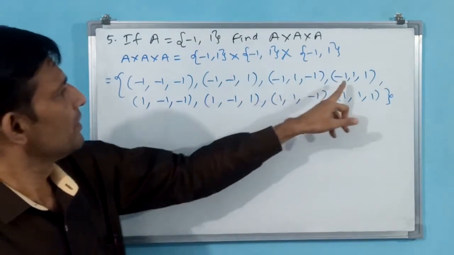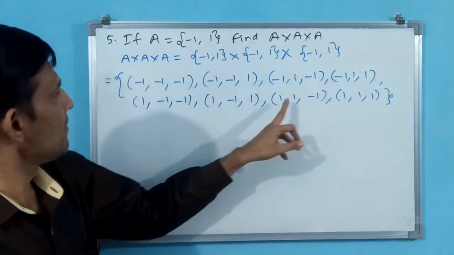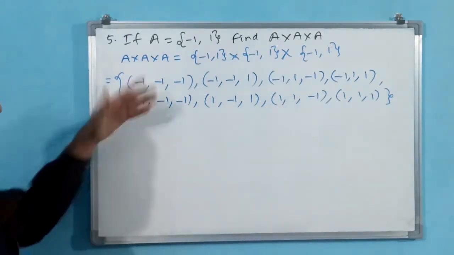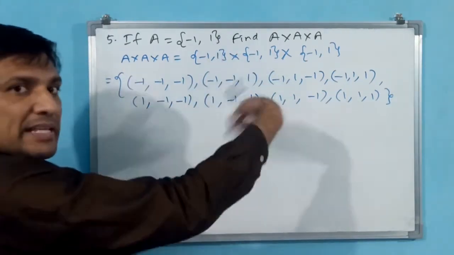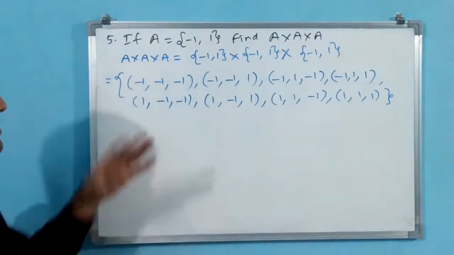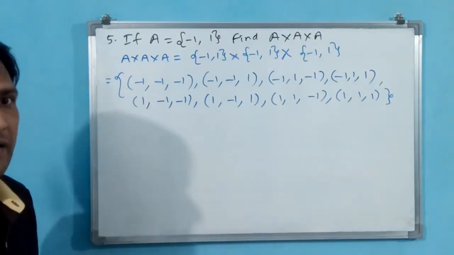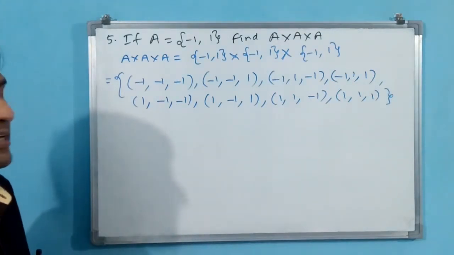Like that these are going to be matched, but each element is not matching with each other. This is the speciality in Cartesian product or relations, but it is not so in sets.